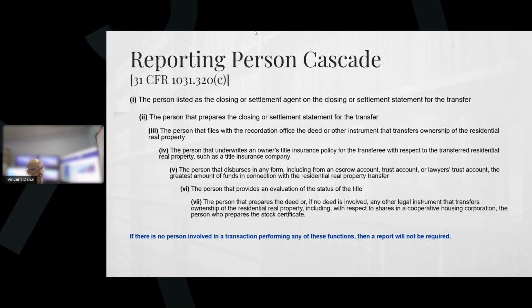Next question is, what if I am purchasing a piece of vacant land that will be eventually merged with a residential property? Do I report? So, again, you're in a situation where you're kind of forced to read tea leaves about what FinCEN meant by intends to build residential dwelling units.